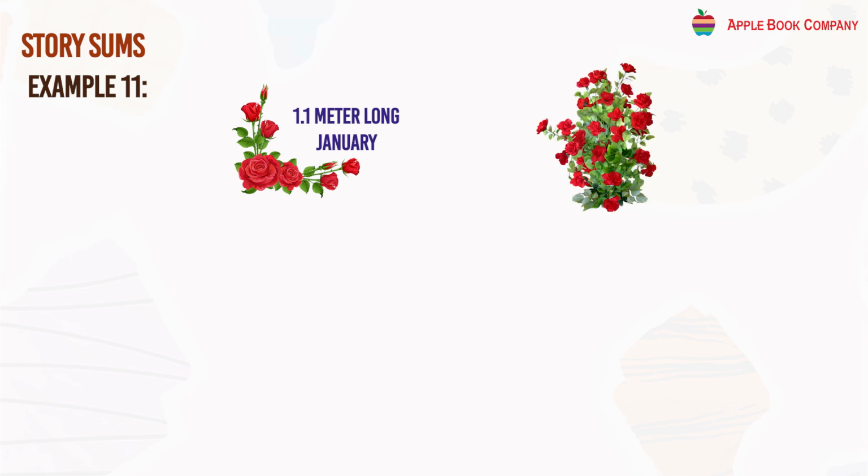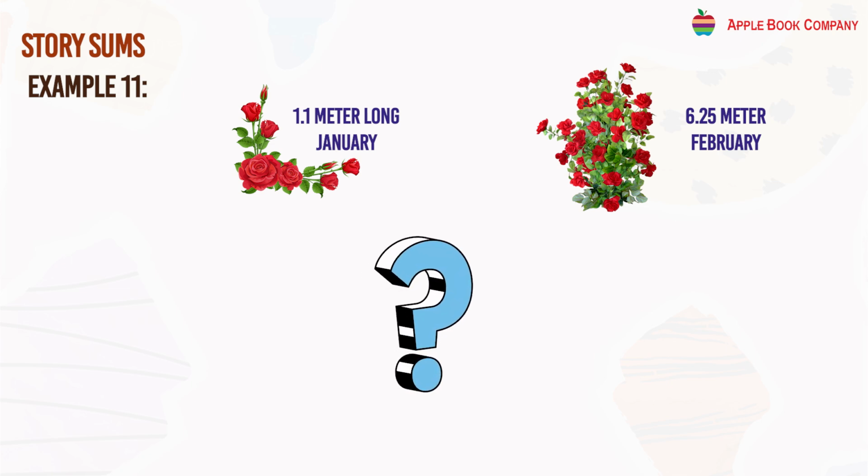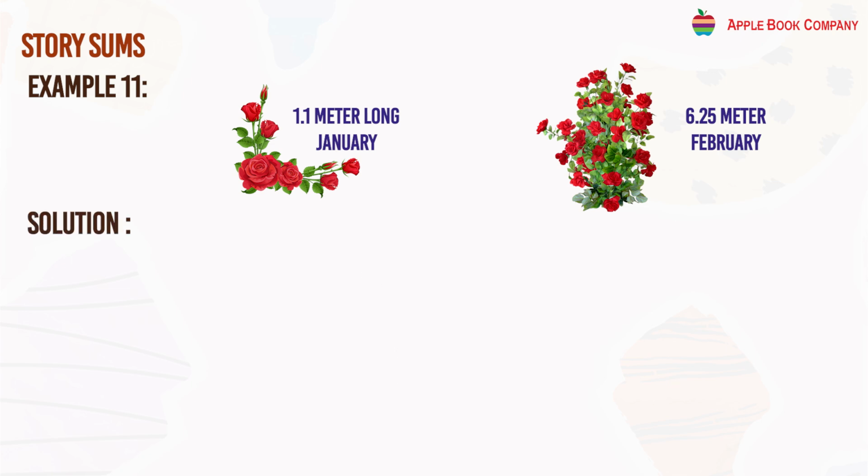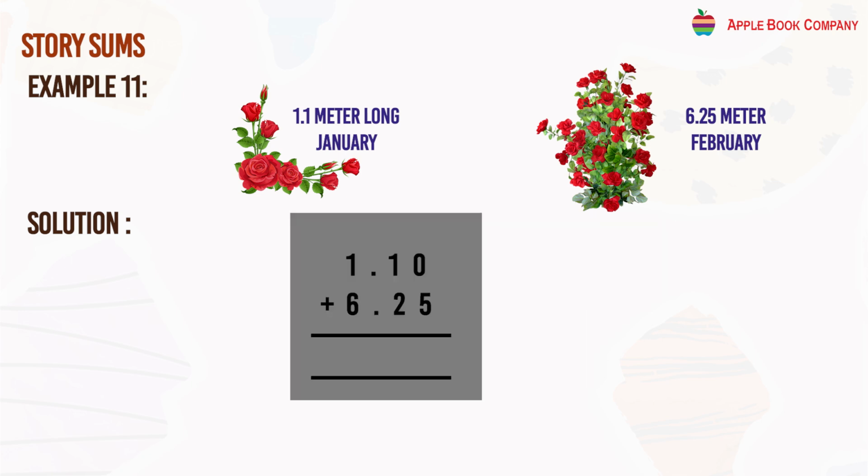Story sums. Example 11. A rose plant that was 1.1 meter long in January rose by 6.25 meter in the month of February. What is the height of the plant in February? Solution. To find the height of the plant in February, you need to add 1.1 meter and 6.25 meter.